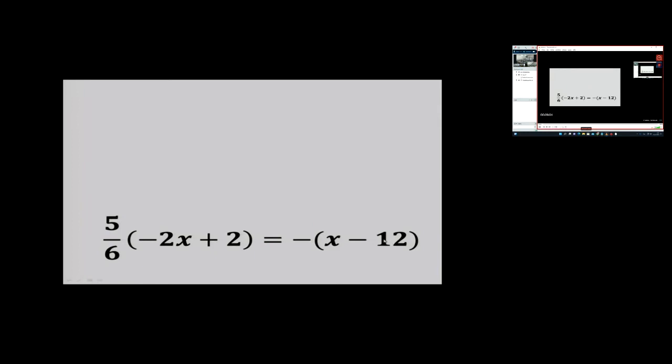Okay, very good. You understand? So that's how you're going to read a linear algebraic equation.